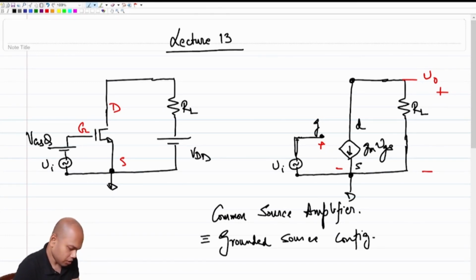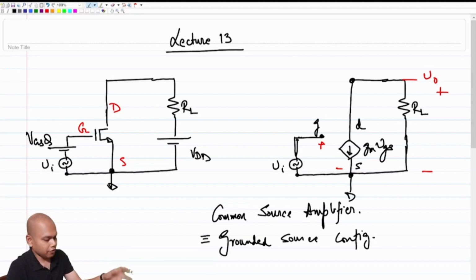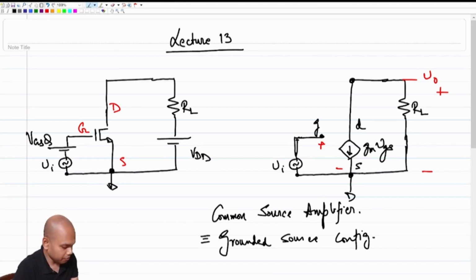So now, in the previous lecture we were delving into what happens when the signal actually swings, right? It is one matter to just apply the quiescent voltages and set up the quiescent currents in order to keep the transistor in saturation.